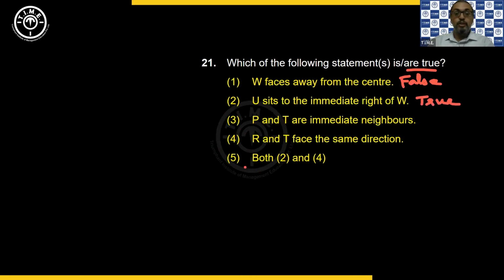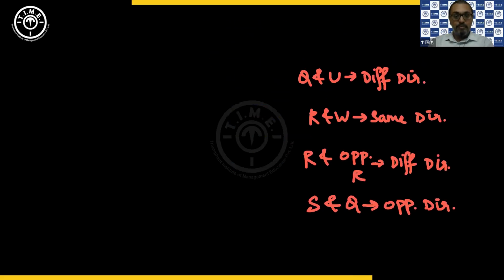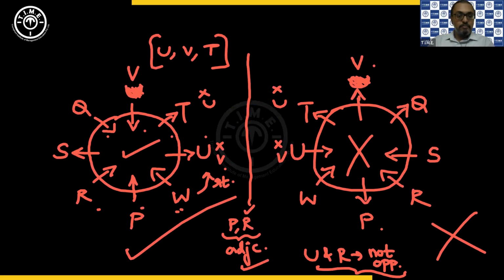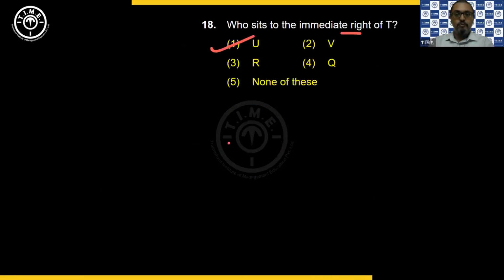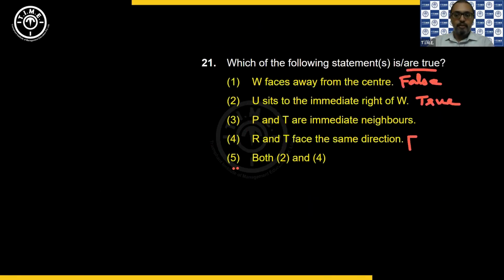Now, if that is true, in the fifth option, he says both 2 and 4, correct? So we will directly check the fourth one because 2 definitely is a part of my answer. Now, R and T face the same direction. No, R and T are not facing the same direction. So that is false. That means the only option you choose is the second. Correct? Yeah.